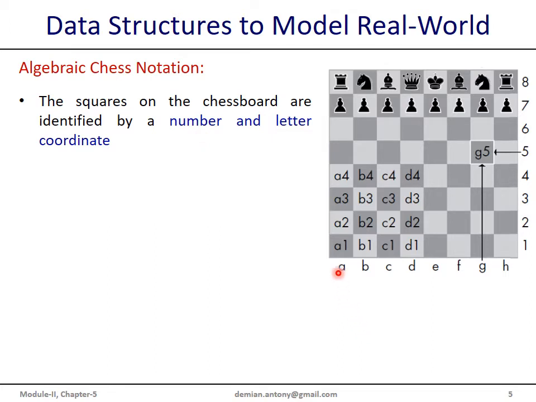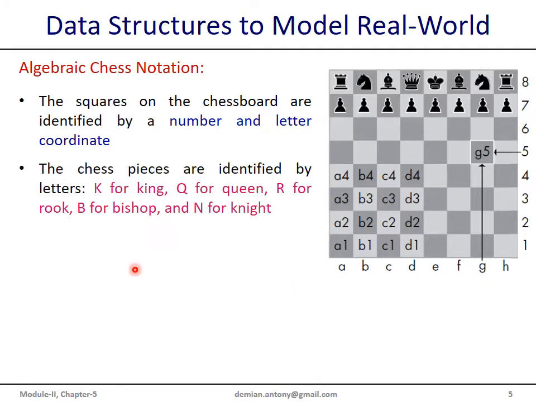We can see here we have an 8x8 chessboard, and the horizontal coordinates, the cells, are represented with the letters A, B, C up to H, and the vertical coordinates are numbers 1 up to 8. And these chess pieces are identified by capital letters: K for king, Q for queen, R for rook, B for bishop, N for knight.